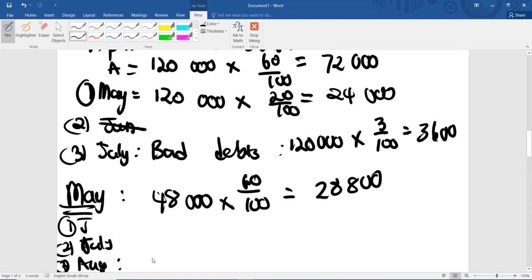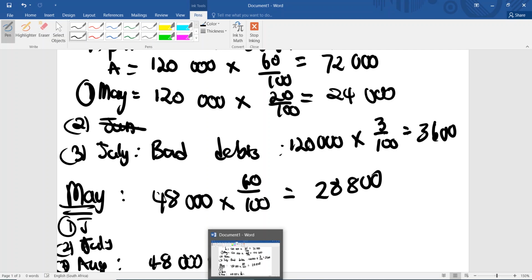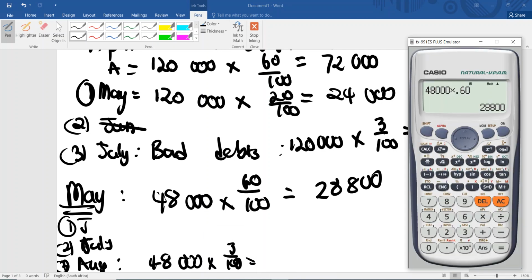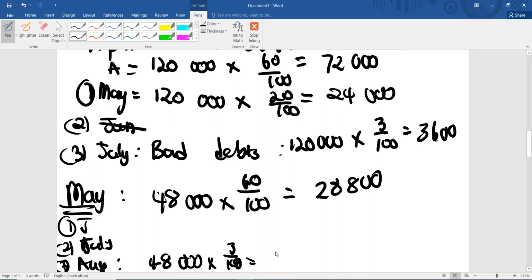So we're going to say 48,000 multiplied by 3 over 100. Let's see, 48,000 multiplied by 3 divided by 100 is giving us 1,440. So this is the bad debts that we'll write off in August from the sales that took place in May.